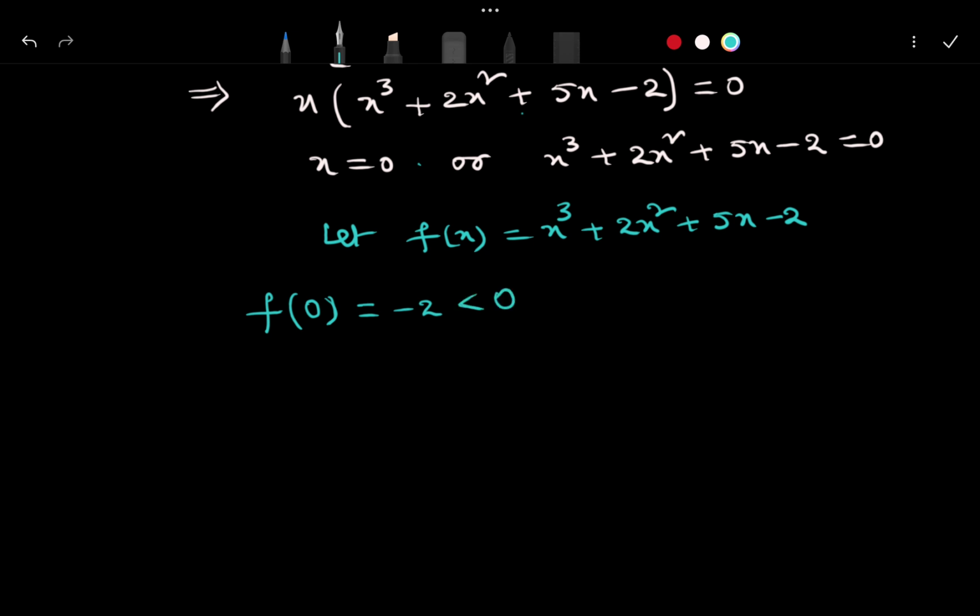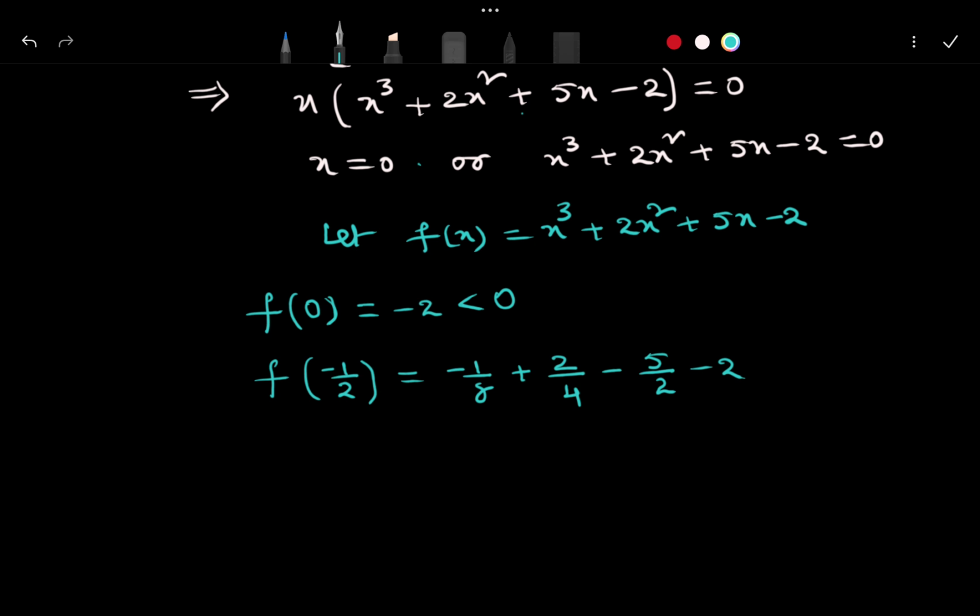It is negative. Next, f of minus 1 by 2. We can write f of minus 1 by 2 as minus 1 by 8 plus 2 by 4 minus 5 by 2 minus 2.